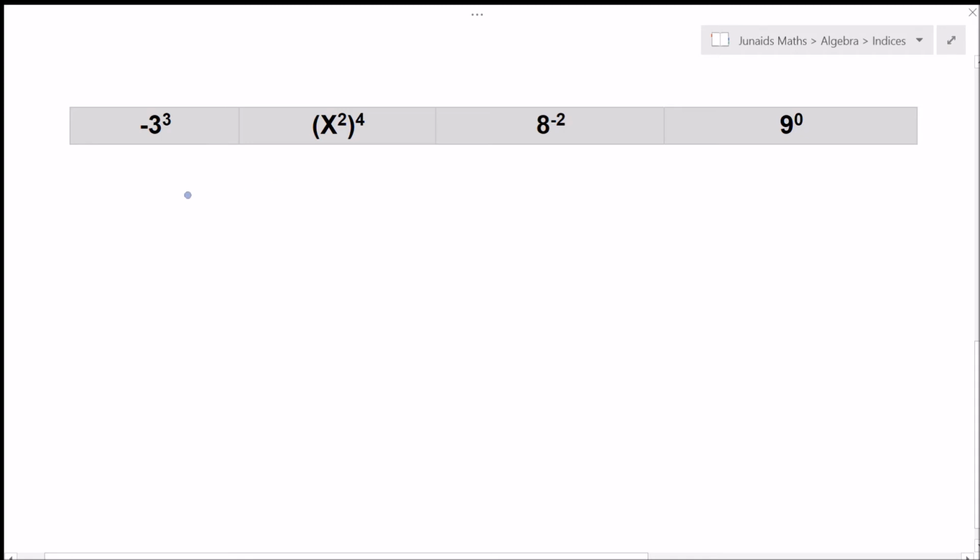Now, the very first example, people sometimes do minus 3 times 3 and get your answer as 9 or minus 9. That's actually not right, because 3 to the power 3 is same as 3 times 3 times 3. Now, the same thing applies here. This is minus 3 to the power 3.